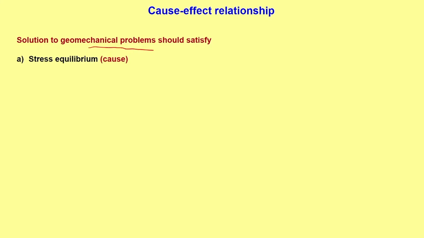Okay. So, a solution to geomechanical problems should satisfy, the first one, stress equilibrium, which is considered as a cause. Now, as I discussed before, stress is not actually the cause; the cause is the external loading, but the internal mechanism is understood as stress.